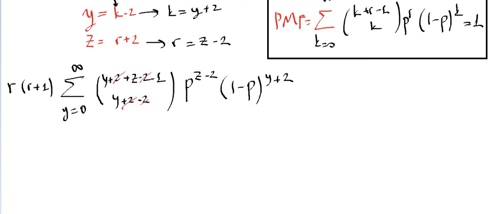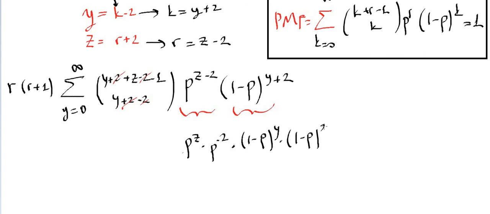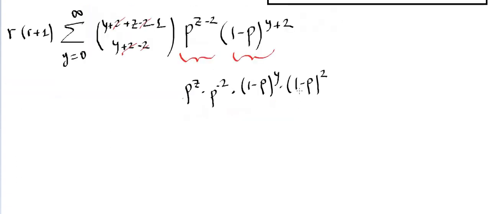And we can separate the powers here as we did in the previous section. So p to the z times p to the negative 2, 1 minus p to the y times 1 minus p to the second power. So we apply here the simple power rule, and here we are left with y plus z minus 1 choose y. Okay.